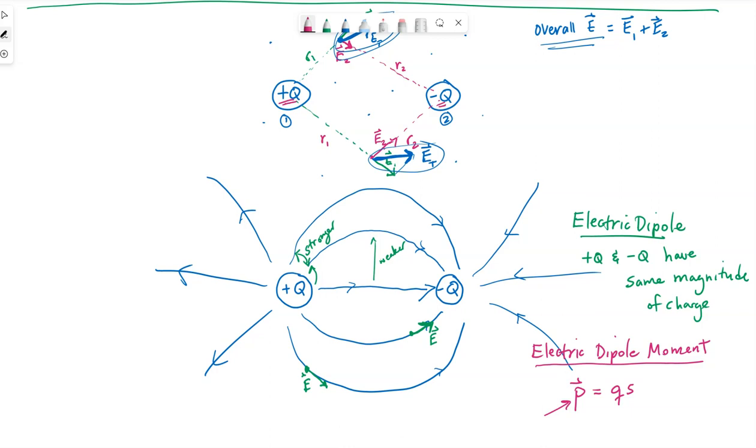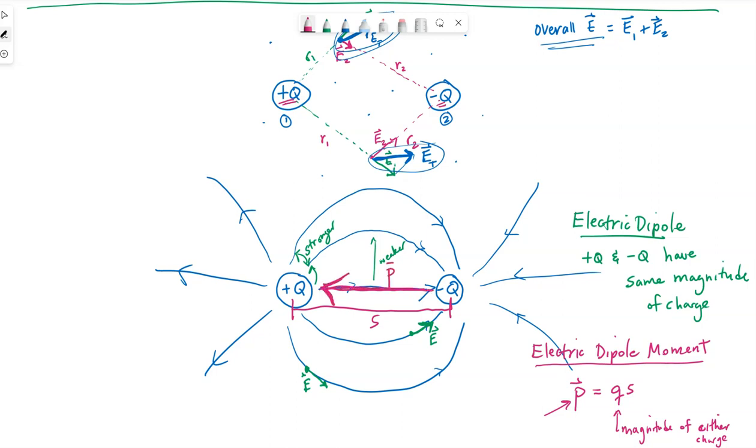It is determined by the magnitude of the charge. And they have to be the same. So the magnitude of either charge. S is the distance between these two, just straight line distance. The direction is opposite the electric field, which we'll explain why later.